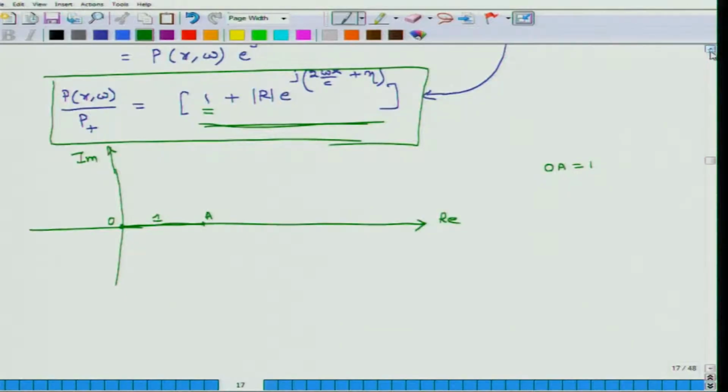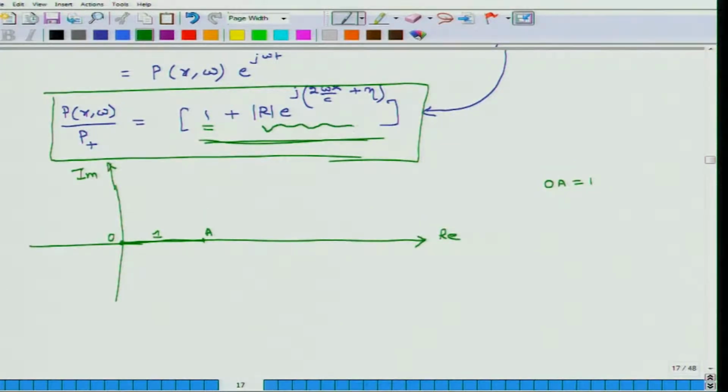And what about this term? The magnitude of this term is modulus of R, because the magnitude of exponent j 2 omega x over c plus eta is 1. So the magnitude of this term is modulus of R, and the phase or angle of this is some theta.